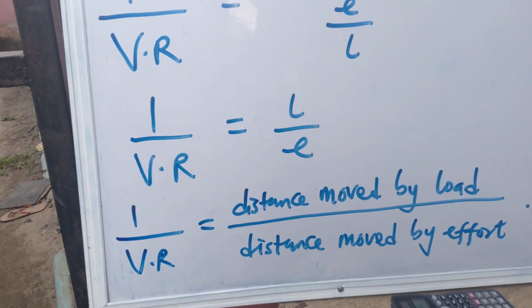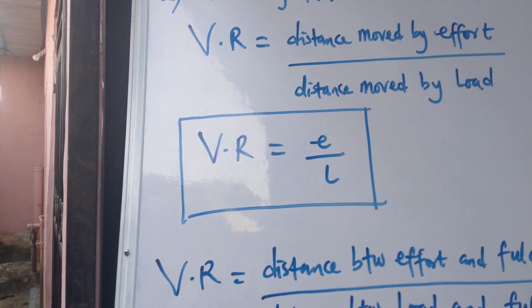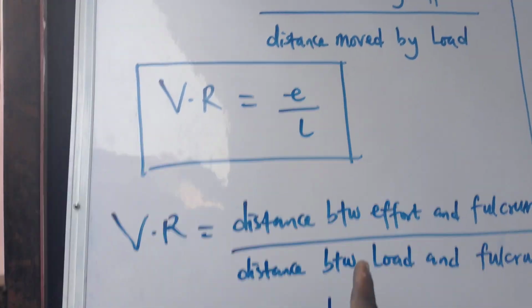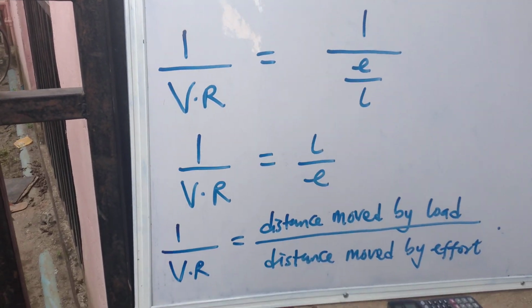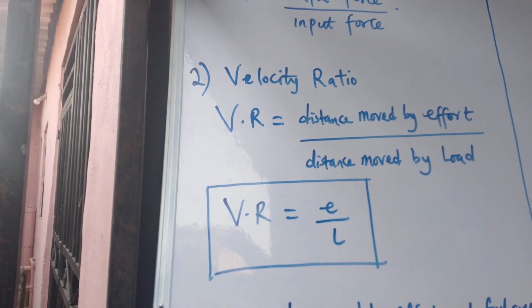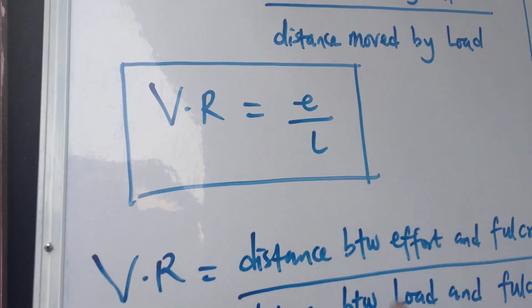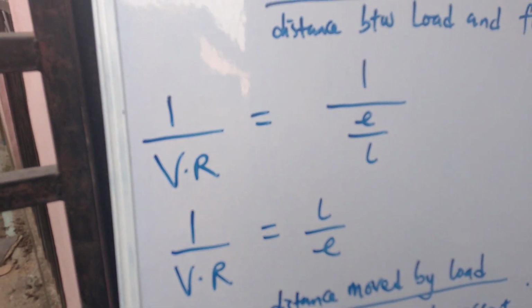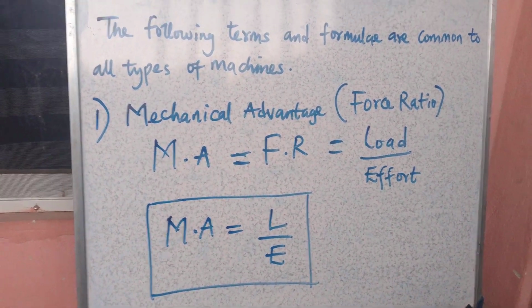The velocity ratio is distance moved by effort over distance moved by load, while its reciprocal is l over e. And the mechanical advantage of a machine is load over effort. Please take note of that.